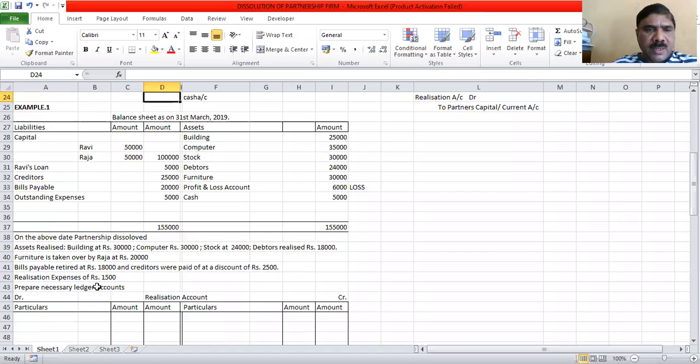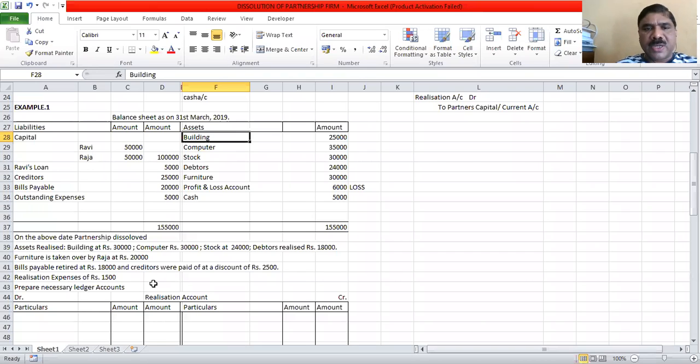Next, the capital account balance is done, Ravi's loan account balance is transferred, the cash account balance is transferred, and the profit and loss account is also transferred to the partners. Now, what is the next step? All the assets except cash or bank and this profit and loss account should be transferred to the realization account.